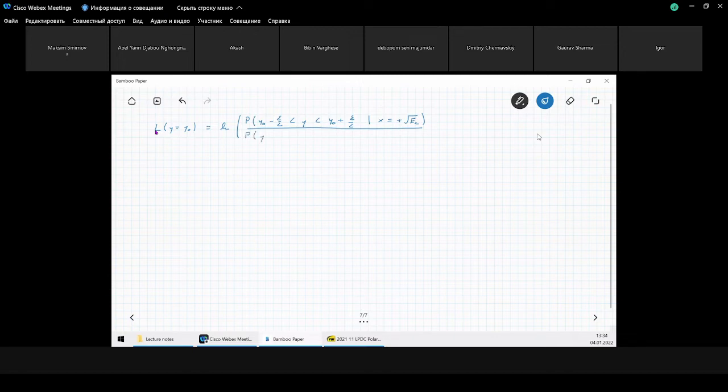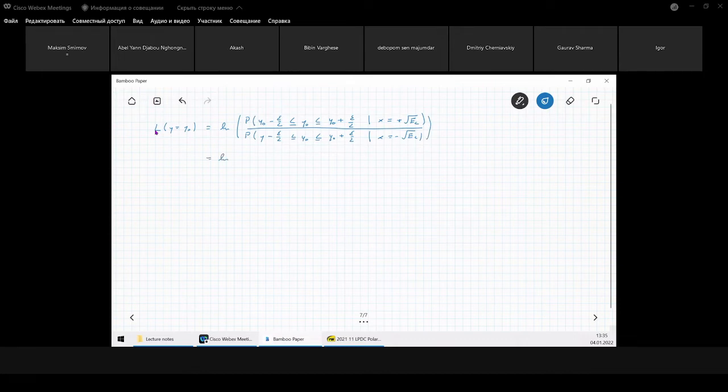P of y0 minus epsilon half less or equal y, y less than y0 plus epsilon half, given that x was minus square root EC. Actually, in the lecture slides, I used less or equal. But anyway, as we will let epsilon go to 0 later on, this doesn't really matter. And we now just put in what we already know.